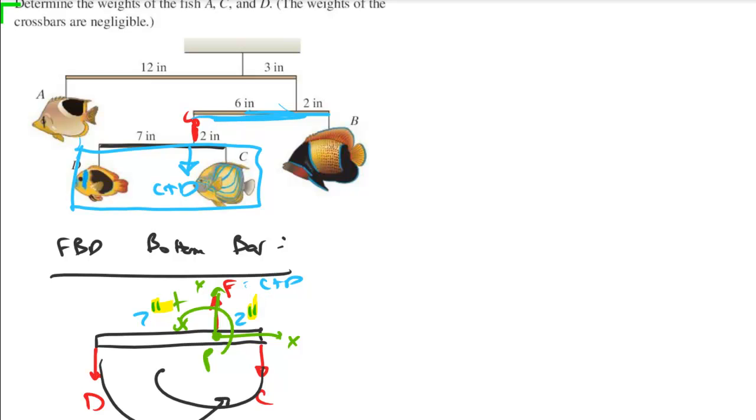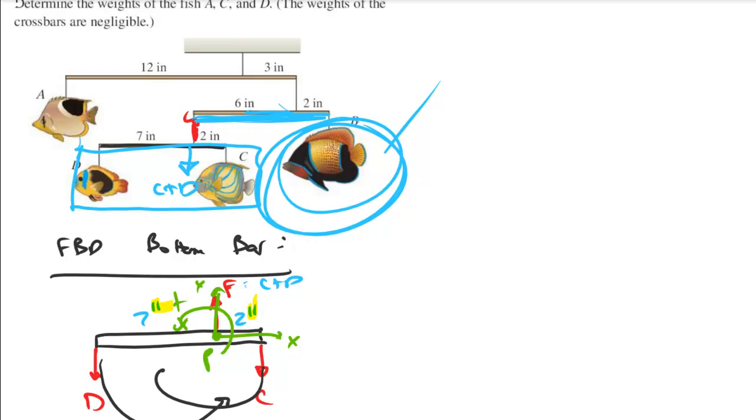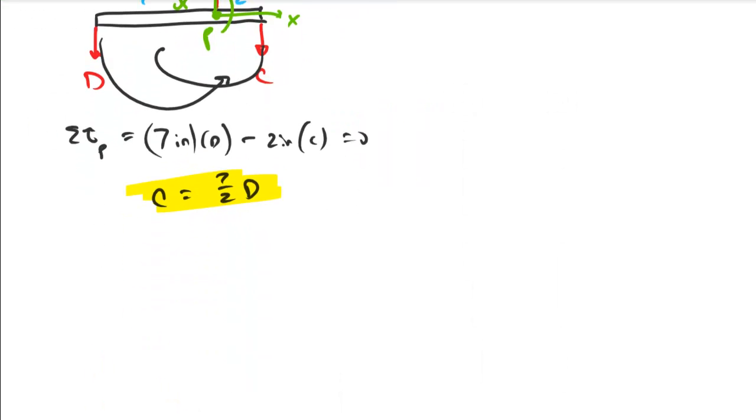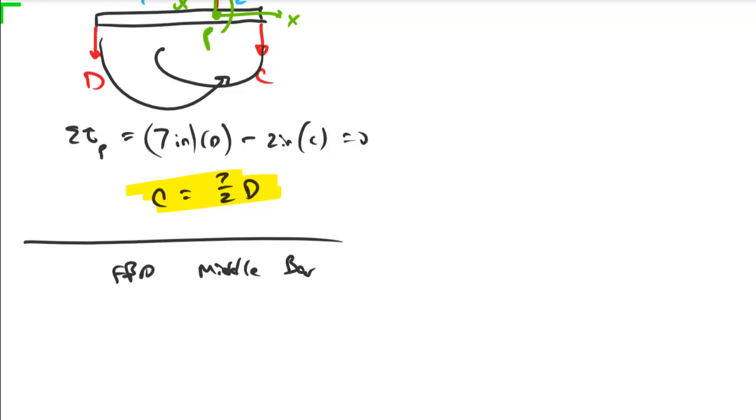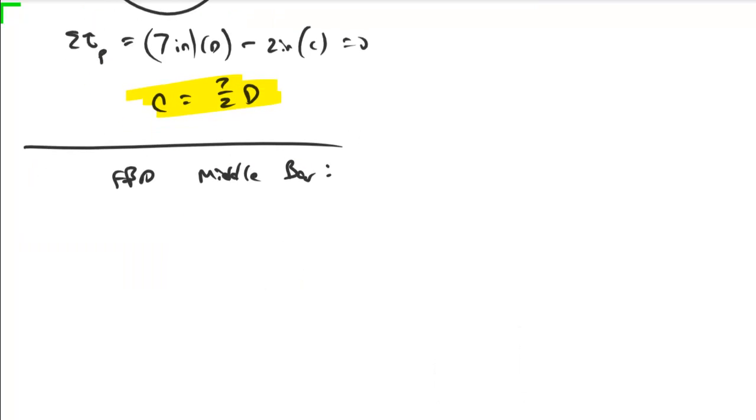And then I can free body diagram this middle bar, right? And that'll give me another equation. And at first it might seem like it gives us another unknown, but actually, we know B. So we'll be able to solve things. So free body diagram of the middle bar. It looks like this.